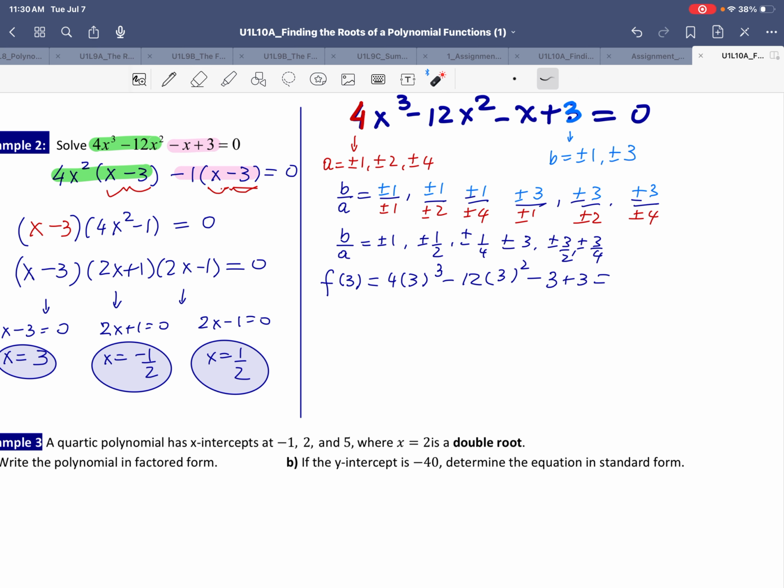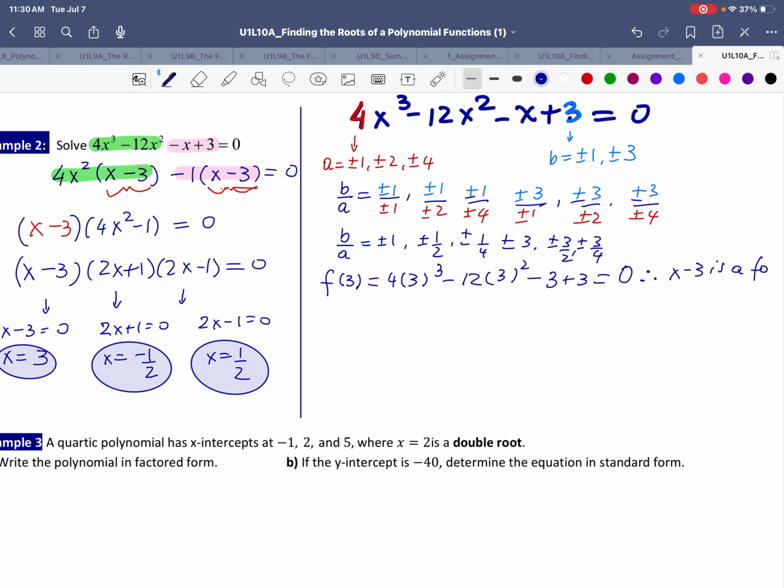So that will give 27 times 4 minus 12 times 9, which is 36, and then minus 3 plus 3. That will be equal to 0. You see that 12 has a 4 and a 3, so they can combine to make 3 to the power 3. So right away, even mentally, you can do this. That means that x minus 3 is a factor.